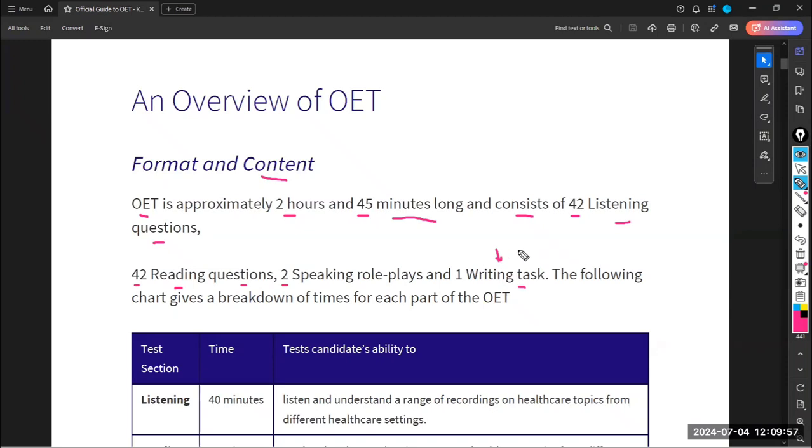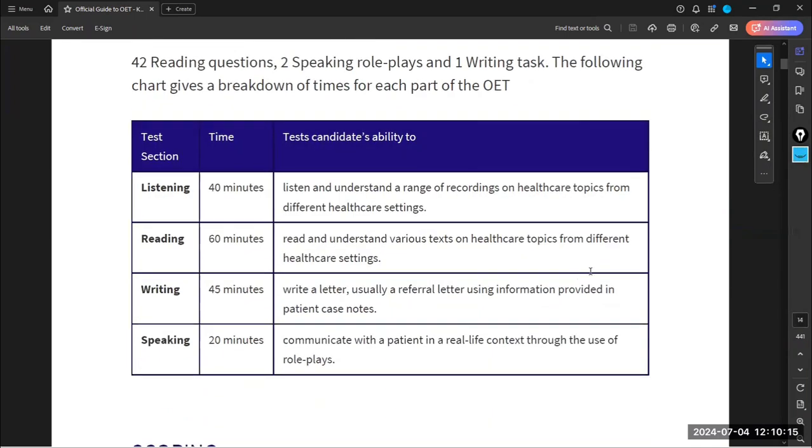So it's not like the IELTS exam, because in the academic IELTS exam, you notice that you have to write 2 essays. It's not like this. You have to write a letter, but not an essay. So this is the map or the format of the OET exam.